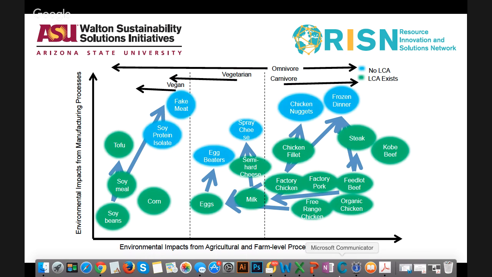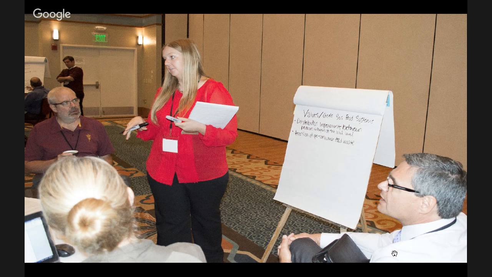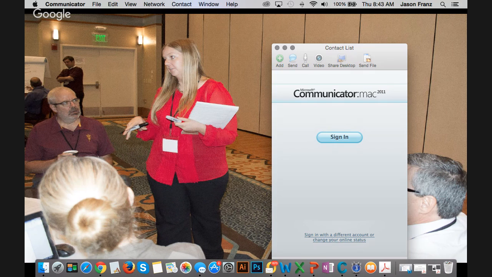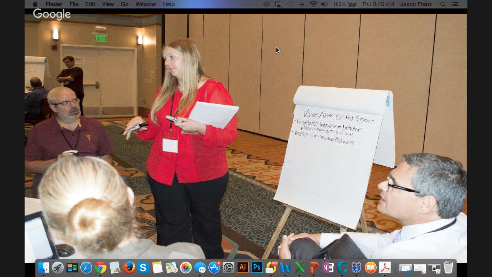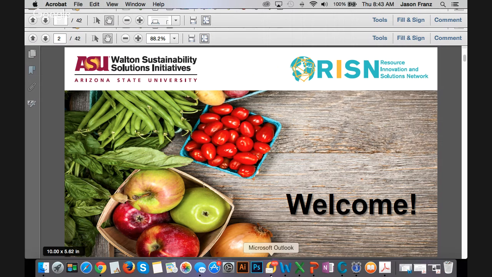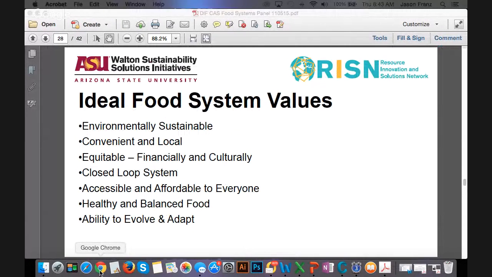Great. We should mention that in this workshop, all these different presentations were interspersed with activities conducted mainly at the table level, in which we worked to first identify the values of what an ideal food system would look like, and those values basically came down to environmentally sustainable, convenient, and local.